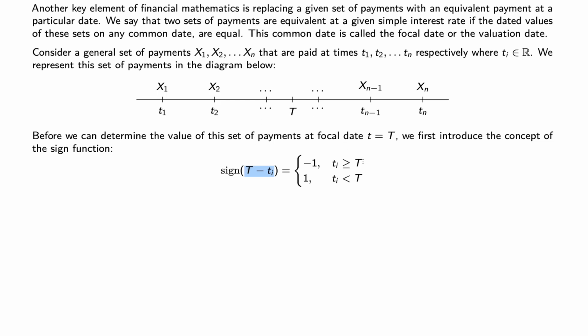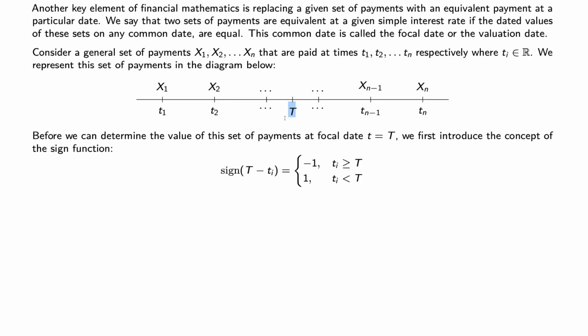So in the case where, say, for example, ti is greater than t, so in the diagram, in this case, tn is greater than t, or tn minus 1 for that matter, and so on and so forth. In those cases, the sine of t minus ti is actually equal to negative 1. In other words, t minus ti is negative. The opposite is true for when ti is less than t.